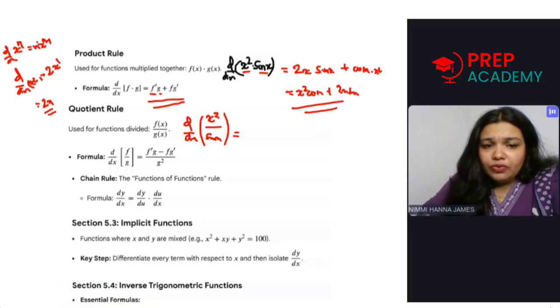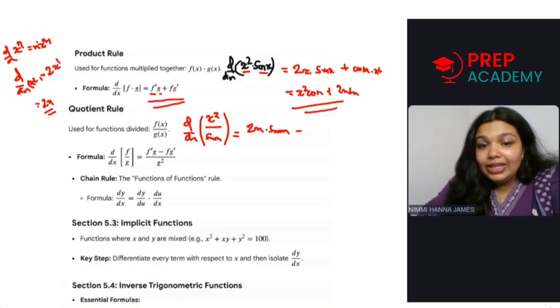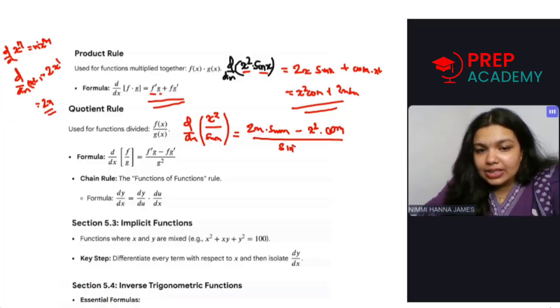From this rule, f is x square, so the derivative of x square is 2x, into g, which is sin x, minus x square into the derivative of sin x, which is cos x, divided by sin square x. That is, the denominator function should be squared here in the rule. So this is the quotient rule.